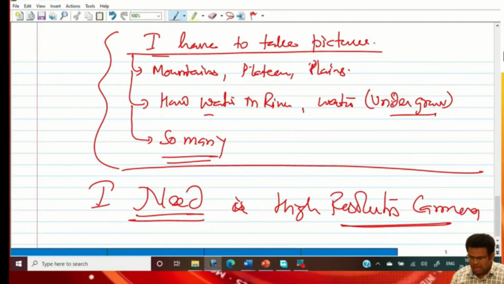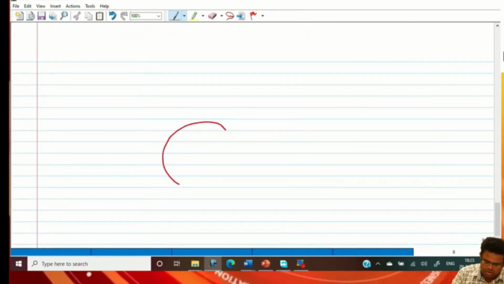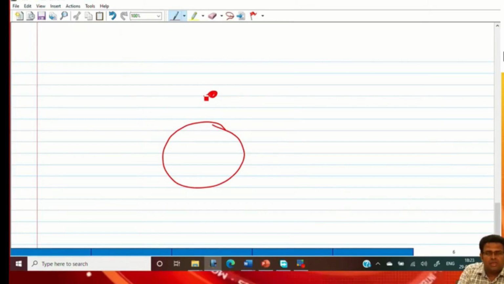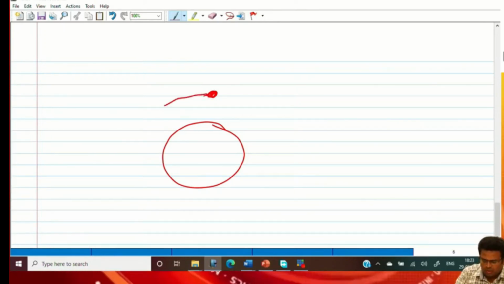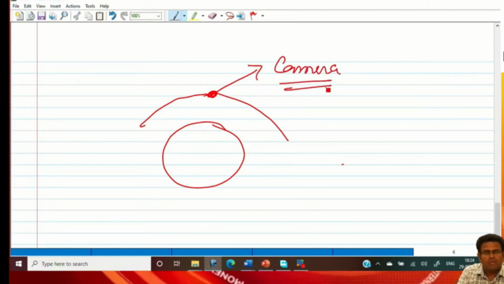So I said that I need a camera, and a camera takes a better picture when it is closer. So in the low earth orbit, a camera is very important, of better frequency, so that it can take a picture.